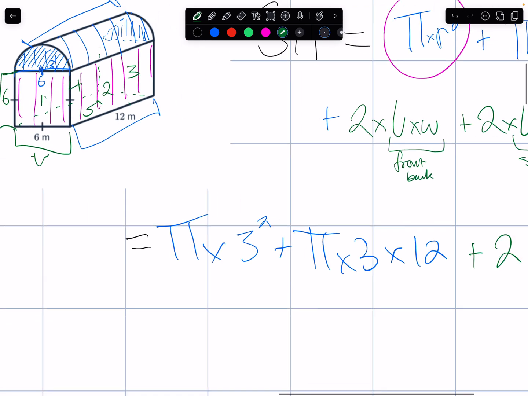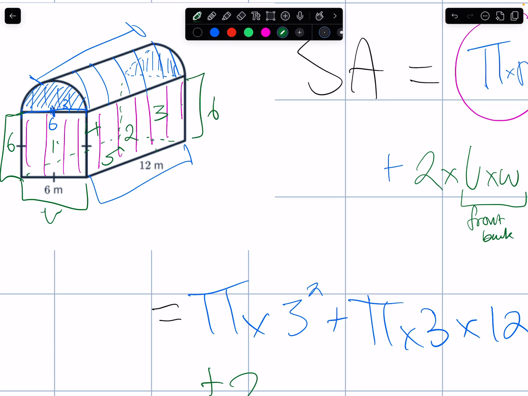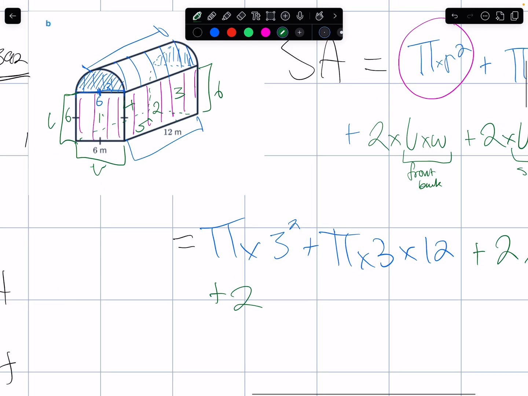So 2 times 6 times 6. Then we're going to keep adding. Plus 2 sides here. 6 and 12. So our length and width are 6 and 12. 2 times 6 times 12 plus our base.